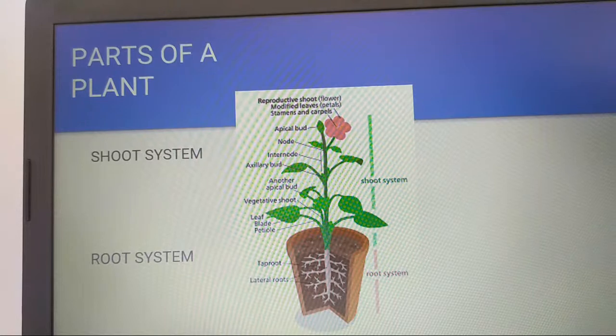When we talk about shoot system, it is the part of the plant which grows above the ground, and it includes organs such as leaves, buds, stem, flowers, and fruits. And where does it develop? It develops above the ground.